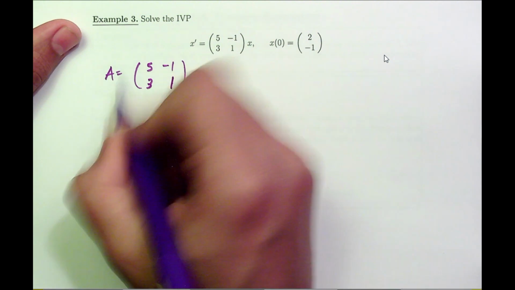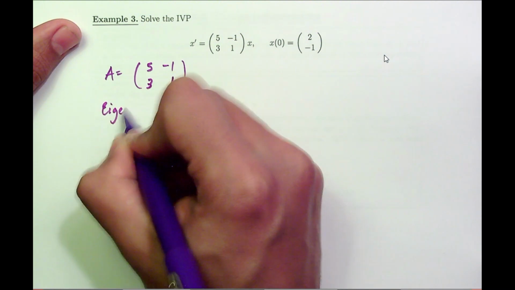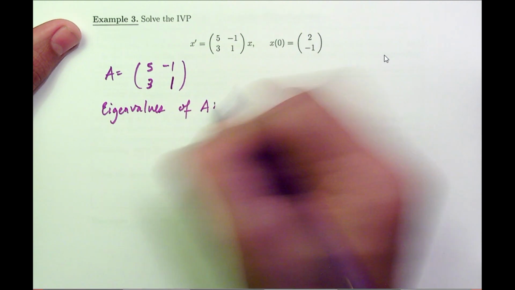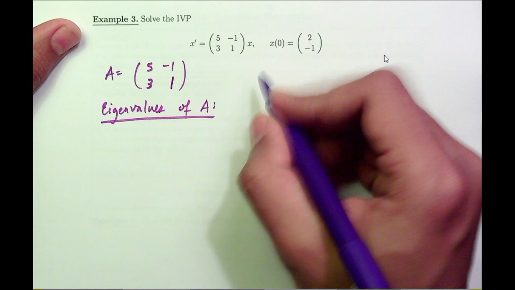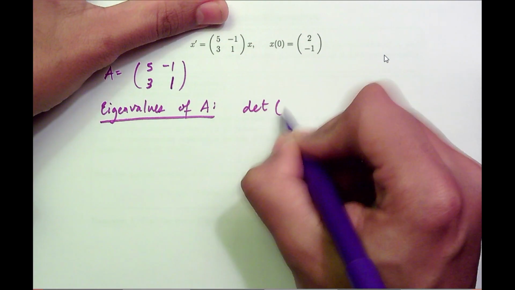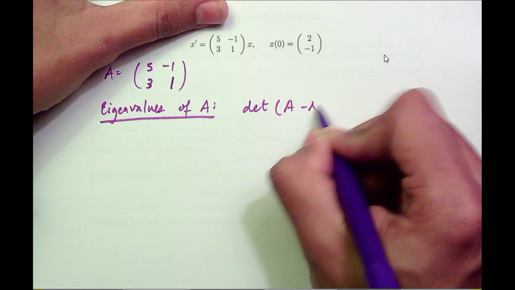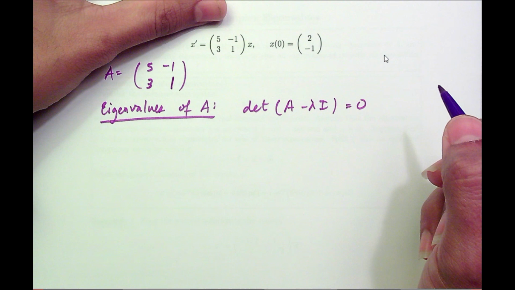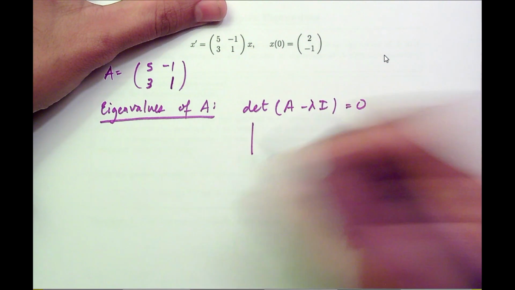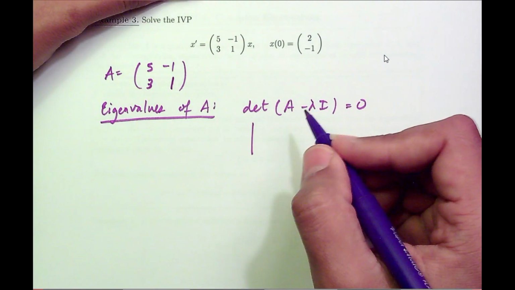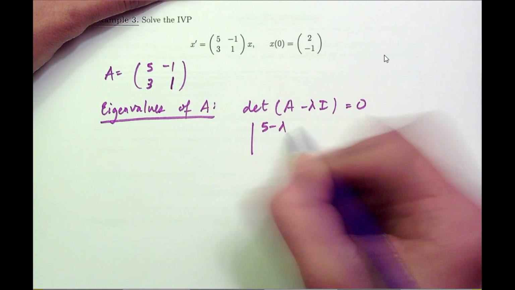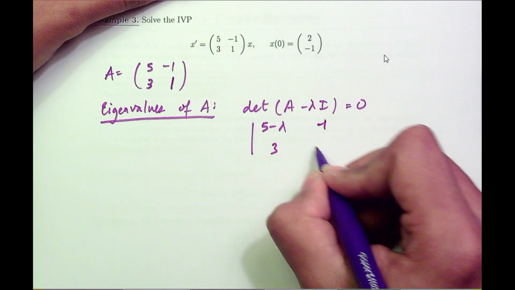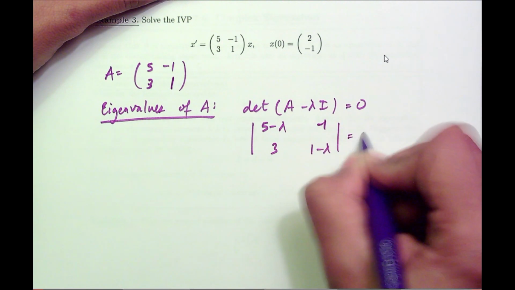Then we find the eigenvalues for A. That means we need to solve the determinant of A minus lambda I equals 0. And this is just subtracting lambda across the main diagonal. So 5 minus lambda, negative 1, 3, 1 minus lambda equals 0.